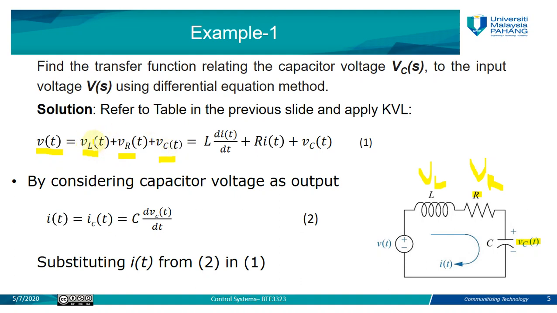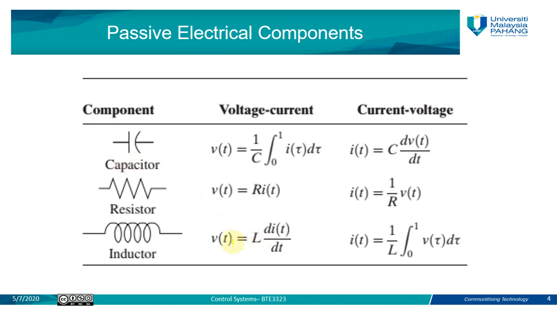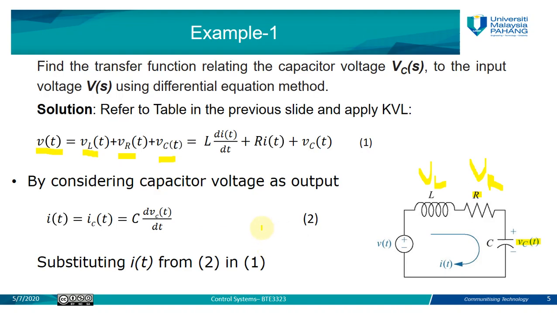Now, in order to find the differential equation, we need to represent these voltages by their values in terms of the impedance and the current. For VL(t), as we saw in the previous table, VL(t) is equal to L di/dt. So VL will be represented by L di/dt, which is the voltage of the inductor.